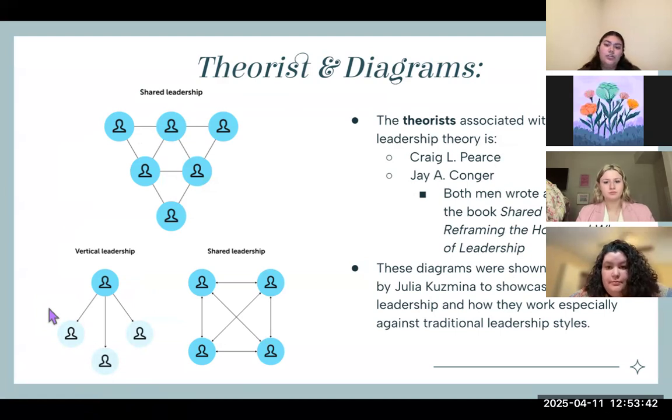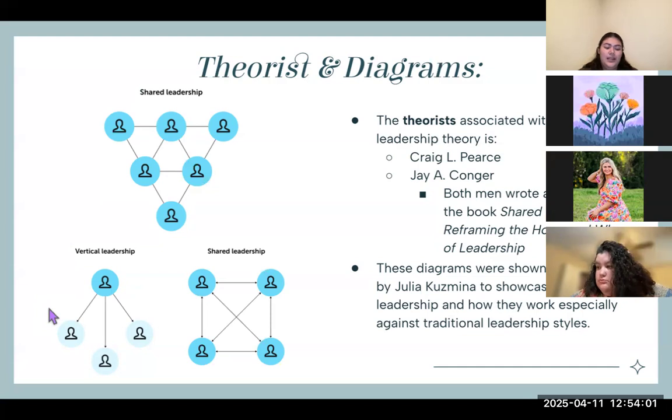The people associated with this are Craig L. Pierce, who is a professor of management at the Peter Drucker School of Management, and he co-wrote this book with J.A. Conger, who is a senior research scientist at Claremont McKenna College in LA, and he also teaches leadership styles. Both these men wrote the book Shared Leadership: Reframing the Hows and Whys of Leadership.